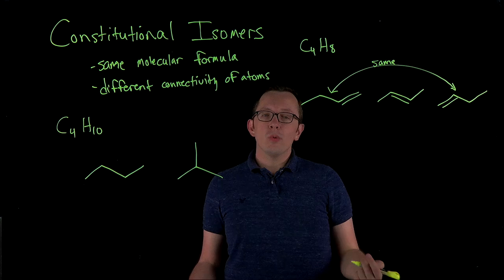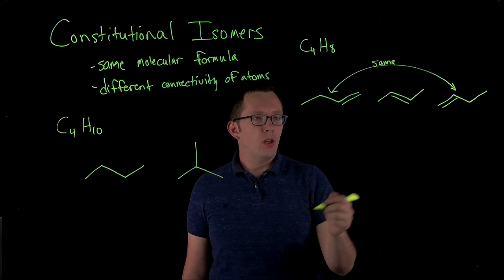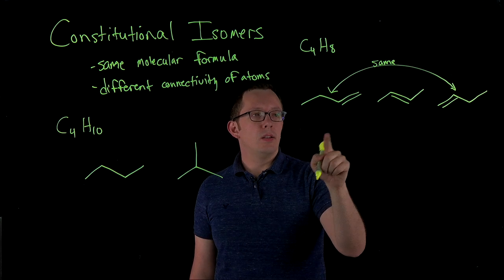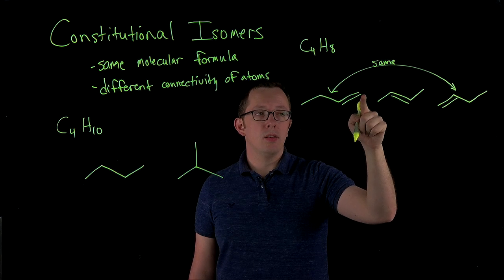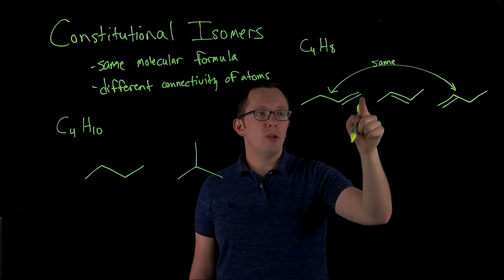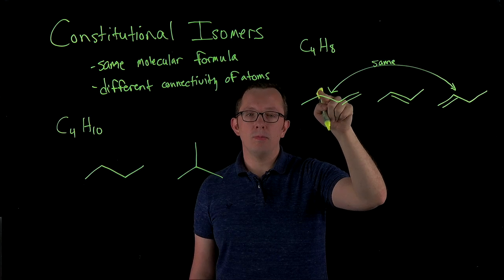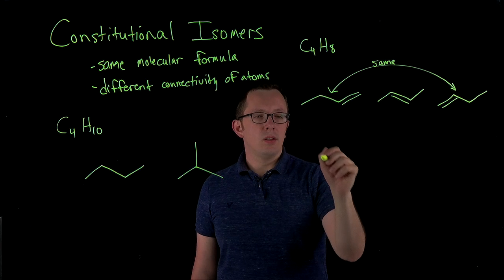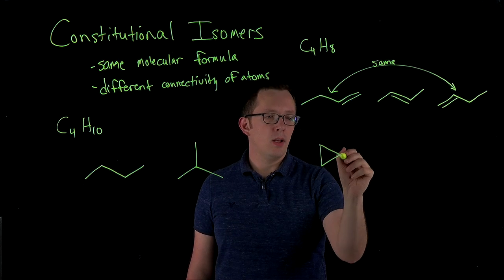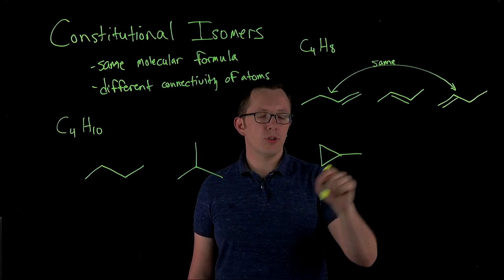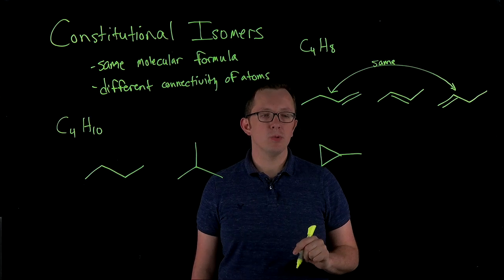There are other ways of putting this molecule together. Instead of putting our extra carbon bond between this carbon and this one, we could put it between this carbon and this carbon. When we do that, we form a three-membered ring, and one of our carbons will be hanging off the three-membered ring.